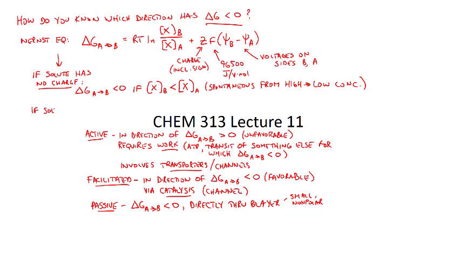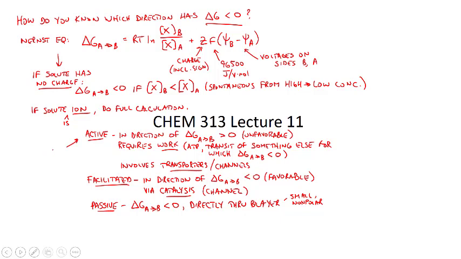If the solute is an ion, then you have to do the full calculation to find out what the delta G is. Now, the value of the delta G doesn't necessarily have anything to do with the type of transit that you have. If the delta G is positive, you would need to have active transport, okay?